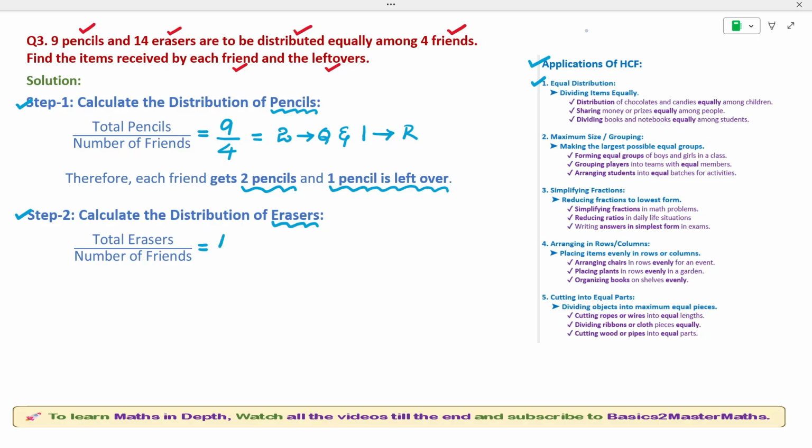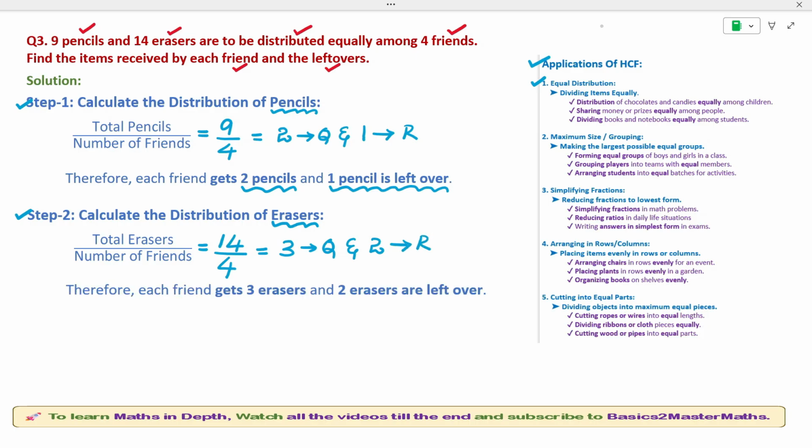That is, 14 divided by 4 gives you 3 as the quotient and 2 as the remainder. Therefore, each friend gets 3 erasers and 2 erasers are left over.